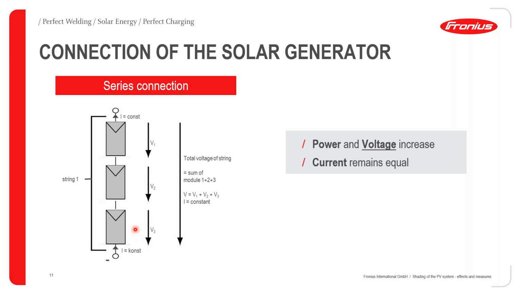So if there is any impedance at any point in this series connection, then there will be a resultant decrease in power, resulting from the decrease in current flow, all proportional to the level of impedance presented on this series connection.